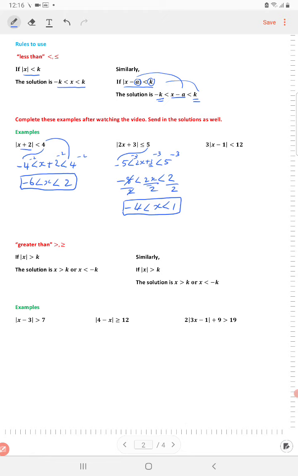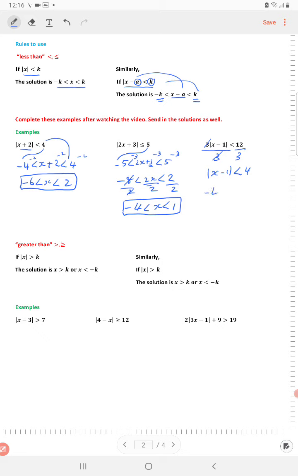In this question, we have a 3 to get rid of first, so divide both sides by 3. Cancel the 3 here. Do not cancel anything inside the absolute. So 3 will cancel. Absolute x minus 1 less than 12 divided by 3 is 4. And so we use the same procedure.